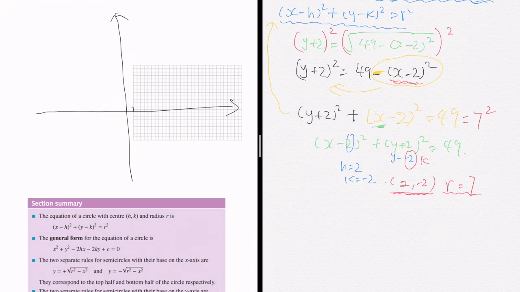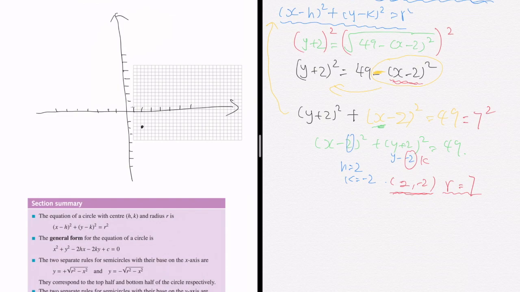So that'll be 1 2 3 4 5 6 7 in each direction. Okay, so try to make it a scale equivalent. So 2, negative 2 will be over here. So that's my center point.